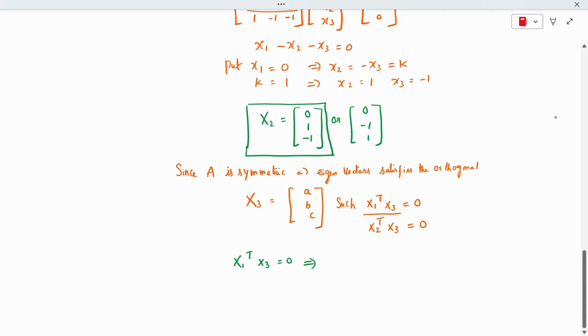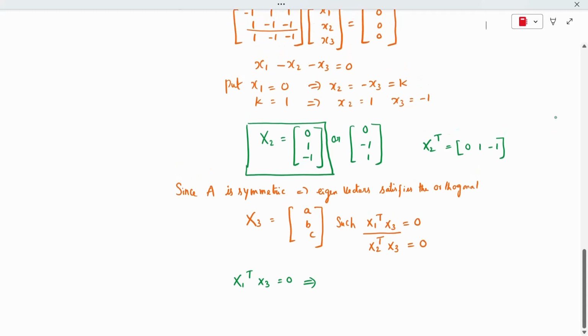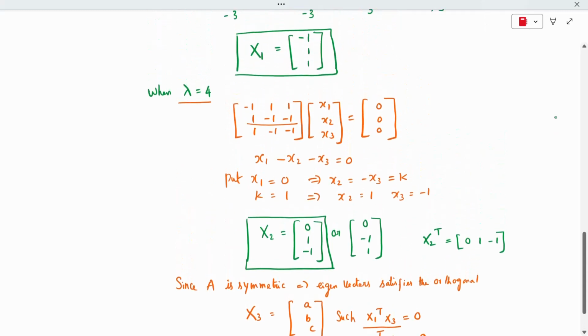So how can I write it? x1 transpose is nothing but, I will write it here. x2 transpose, which is in column form, I can write in row form. It is 0, 1, minus 1. Correct? Same way, x1 transpose I will also write. Here x1 transpose, how can I write it? So it is minus 1, 1, 1. Both of these I am going to use here.